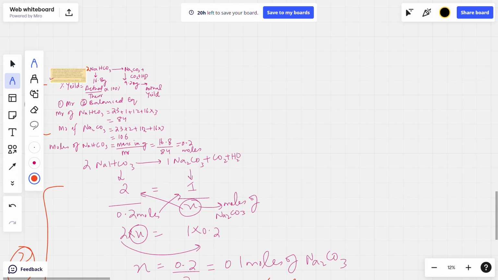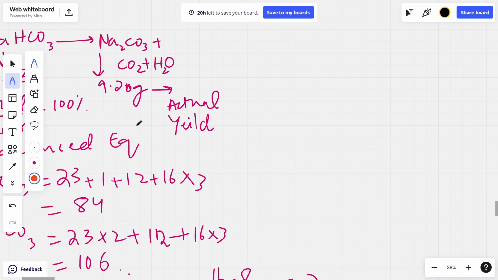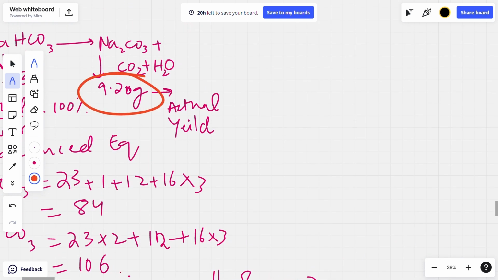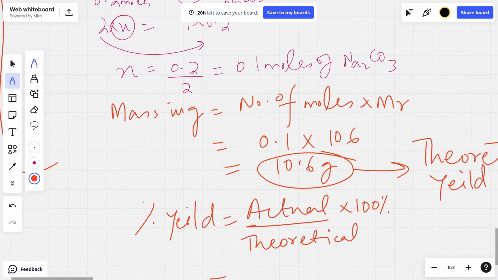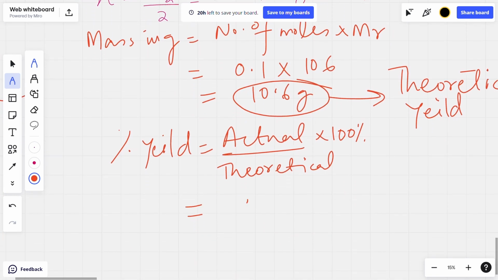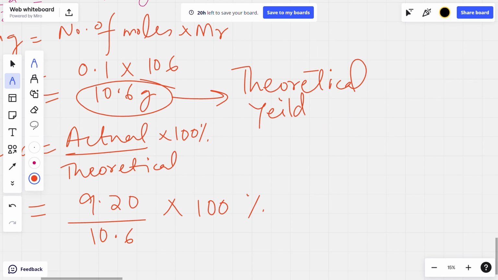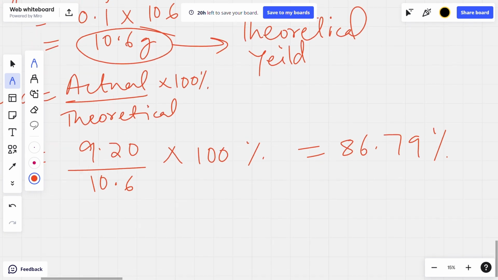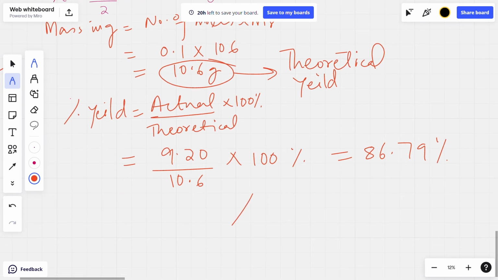The actual yield that has been given in the question is 9.20 gram. And what is the theoretical yield here? 10.6. So 9.20 divided by 10.6 multiplied by 100%. So you will get the answer, that is 86.79%. So this was your actual percentage yield.